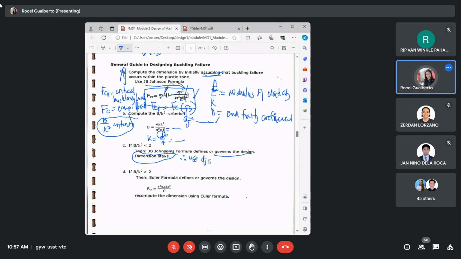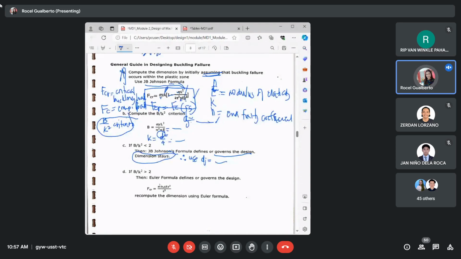Kapag po ang B over K squared criterion is less than 2. Okay? If kabaliktaran naman po, it is greater than 2. Okay? If the B over K squared criterion is greater than 2. Okay? Ano naman po yung sabi doon?